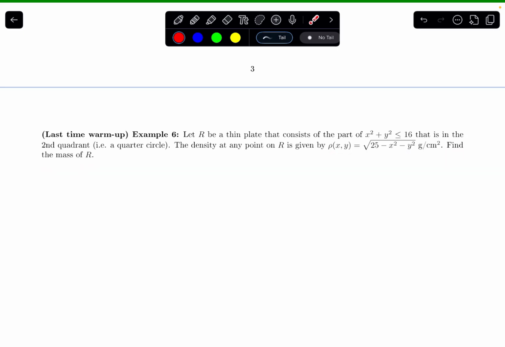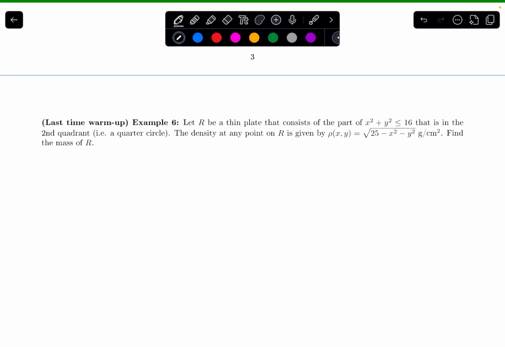So let's begin by drawing a picture of my region R. We can draw our axes. I know that if we change this inequality to an equal sign, this is a circle of radius 4, but it tells me I just want the part of it that's in the second quadrant.